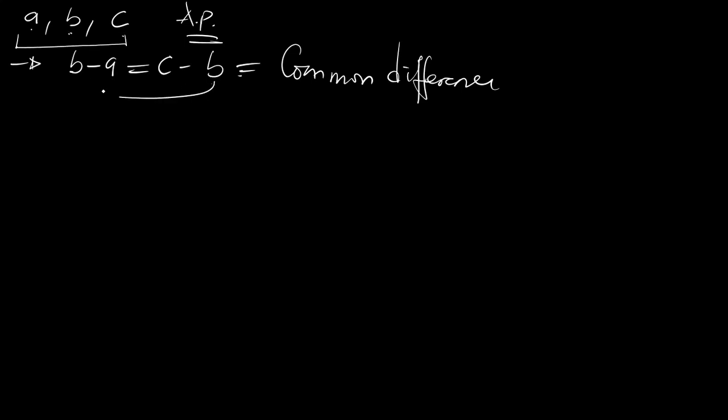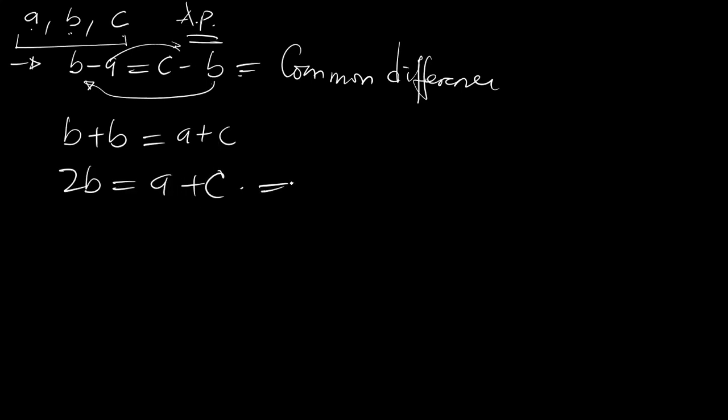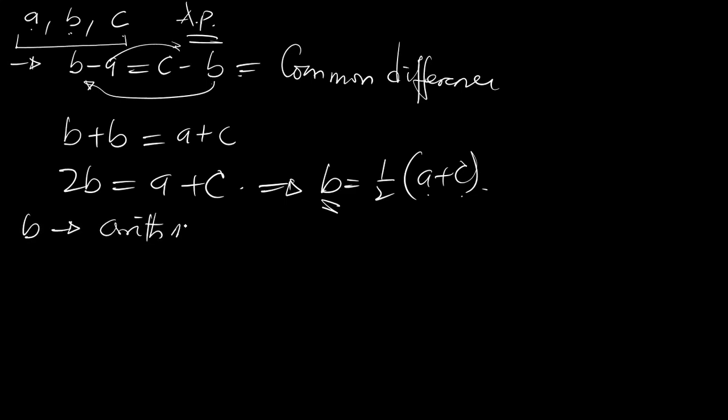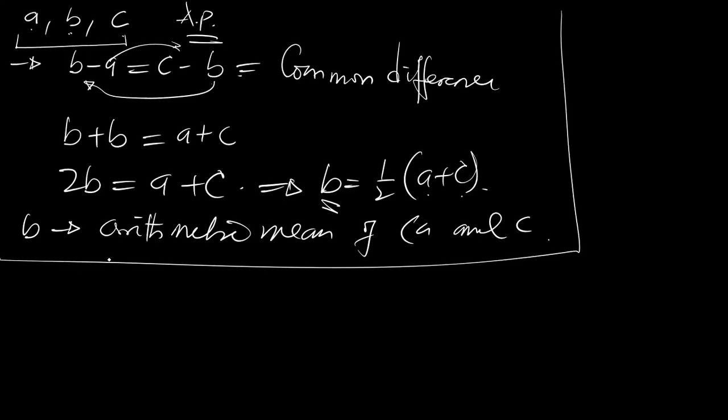If you move this to the other side, you have B plus B equal to, you move A to the other side, you now have A plus C. So 2B is equal to A plus C, which implies that B is equal to half times A plus C. It now means that B is an average of A and C, or we say B is equal to the arithmetic mean of A and C. So with this formula, we can now solve for the value of x.